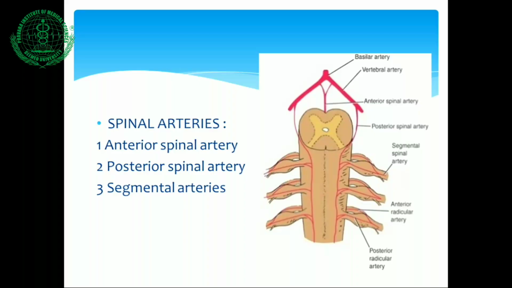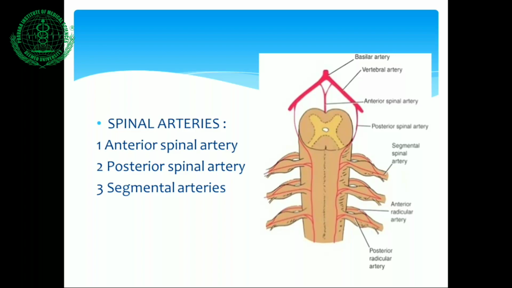Now after the internal structure of spinal cord, the next content of vertebral canal is about the arteries which are present adjacent to spinal cord. The arterial supply to the spinal cord is mainly through anterior spinal arteries, posterior spinal arteries and segmental arteries.